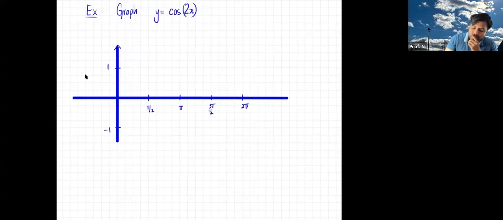Okay. And so what do we know about cosine? Cosine looks like this. It starts at a maximum and then it comes to 0. So this is max, 0, minimum, 0, maximum again. And then when you draw this, you get this curve, right?